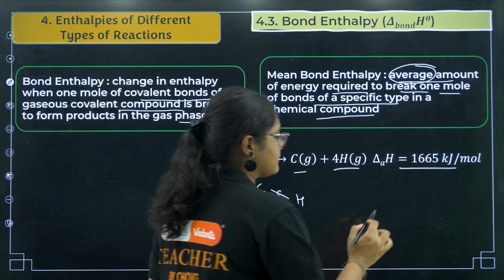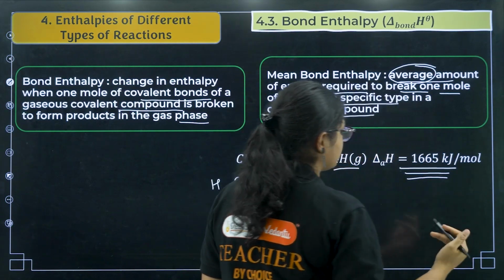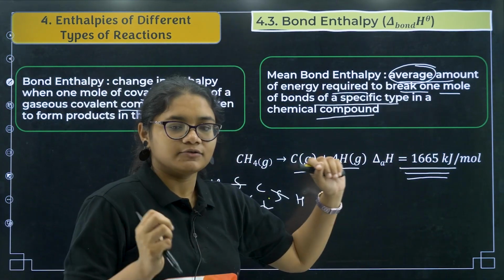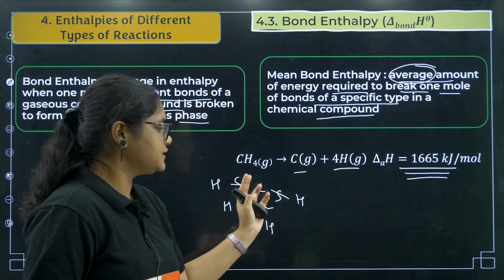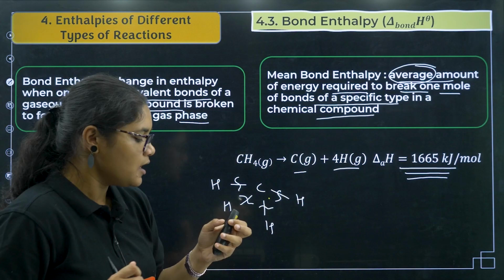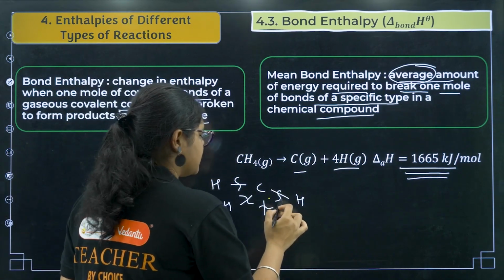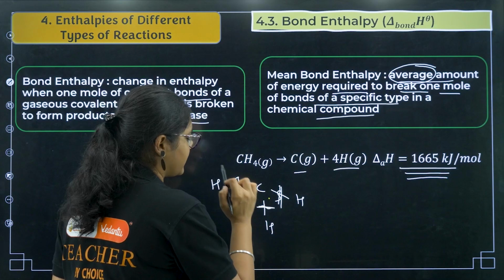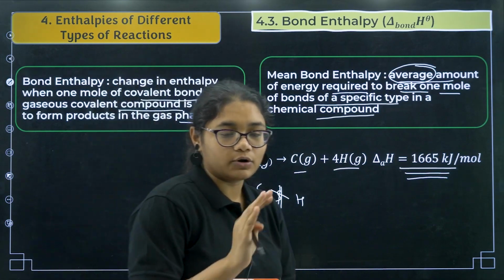And to break this, around 1665 kilojoule per mole of energy is required. Positive. If I give this much energy, then carbon and 4 hydrogens will be produced. But how exactly is this happening? First 1 bond will break, then another bond, then the third bond, then the fourth bond. At a time all the bonds do not break.